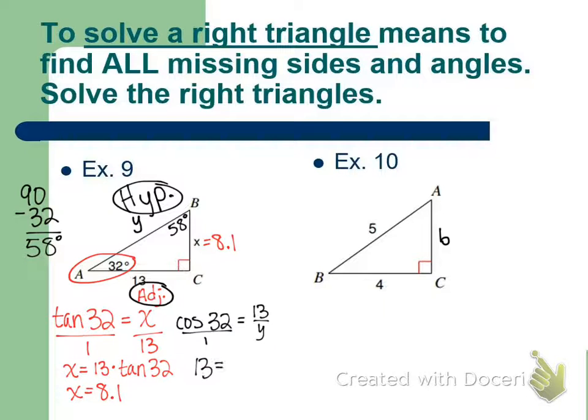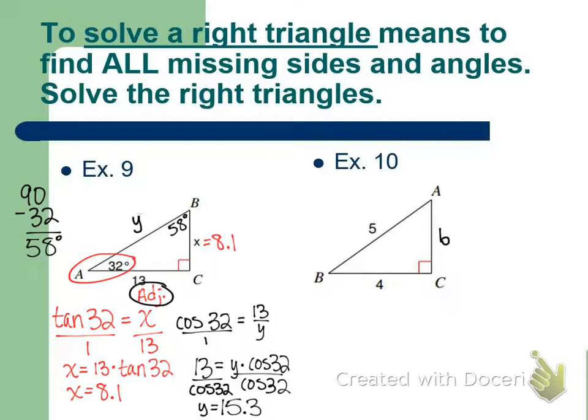So we end up with 13 equals y times cosine of 32. To get y alone, we have to divide by cosine of 32. And we can type that into our calculator. Rounded to the nearest tenth, what do we get? Good. So up here, y equals 15.3.